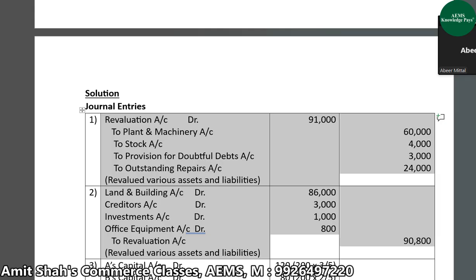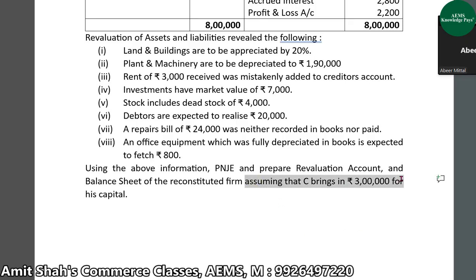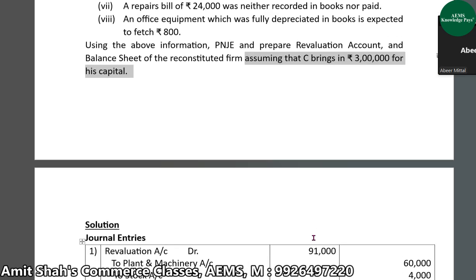Okay, you know that C is being admitted in the firm. So for sure he has to bring some capital, and that is what he has brought here. That information is given to us here. Correct? So that also we will incorporate in our balance sheet. Got this? Yes, sir.